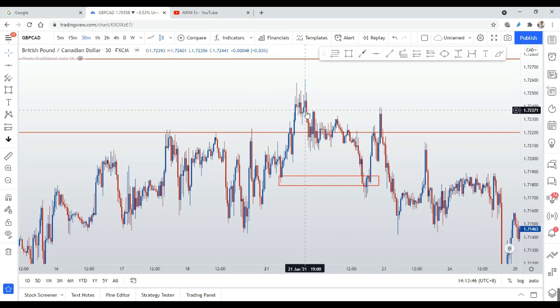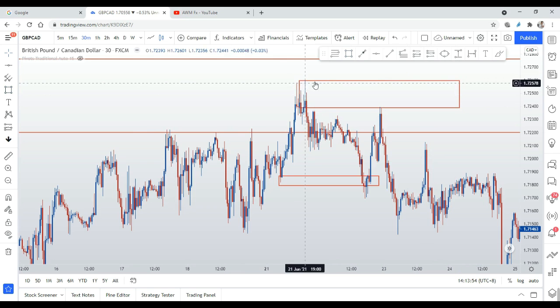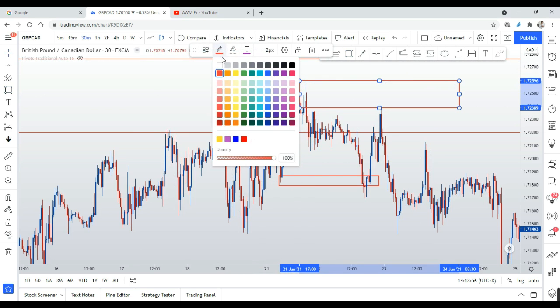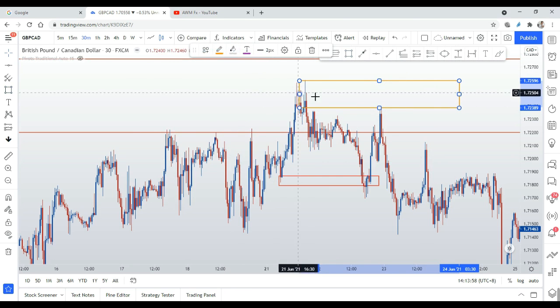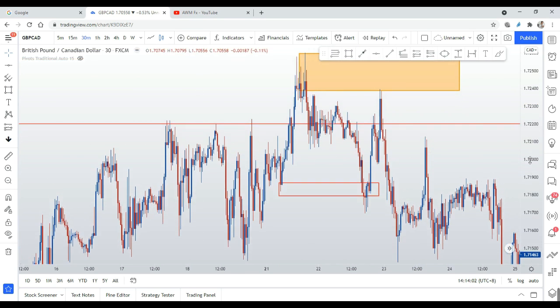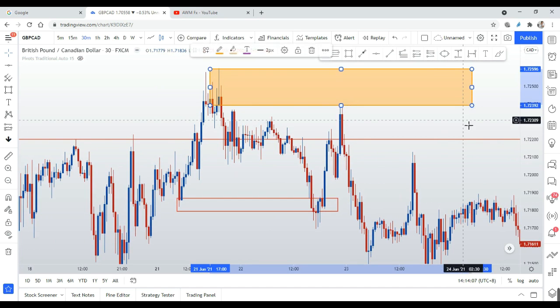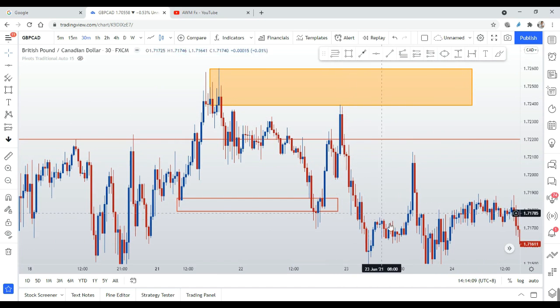Then you look for QML, MPL, the same process. You make the same process, a fresh zone, and this will be a zero float trade.